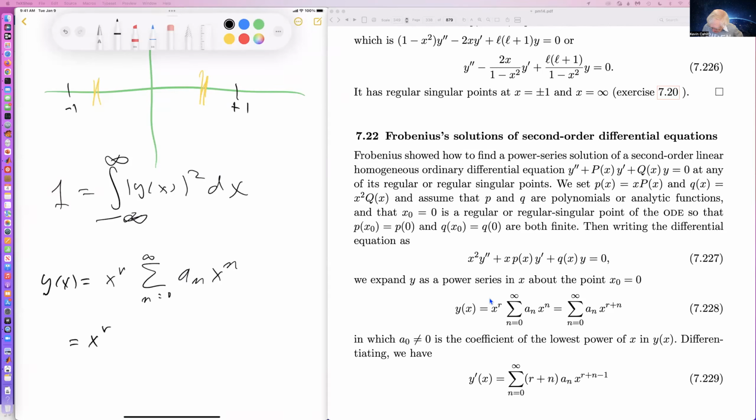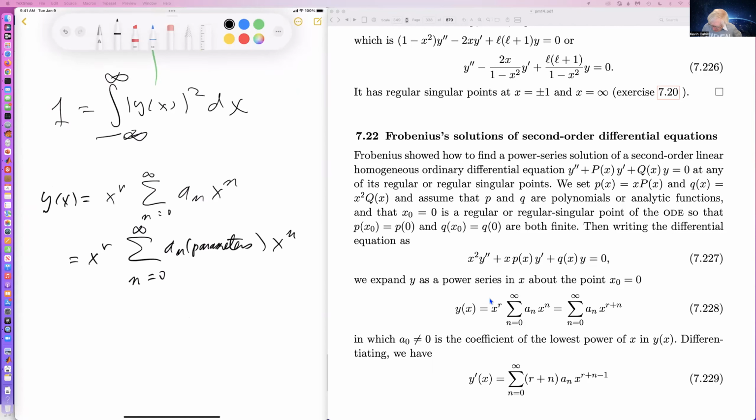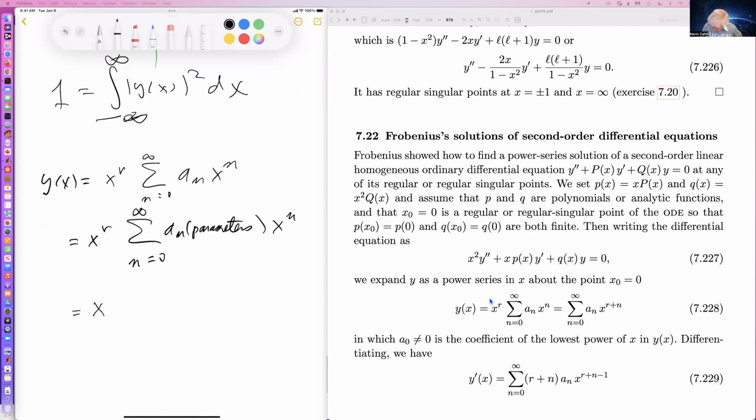This turns out in quantum mechanics to be something like this, and these a_n's are functions of the parameters of the theory. In particular, they might be something like the ground state energy, the angular momentum, the mass, whatever, times x to the n.